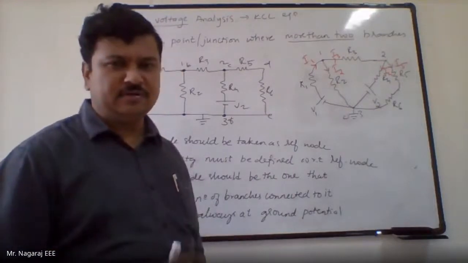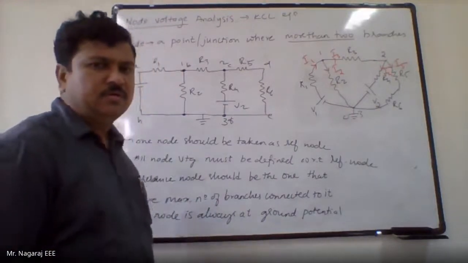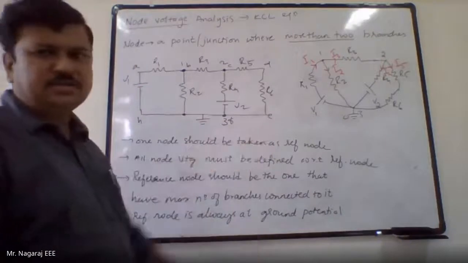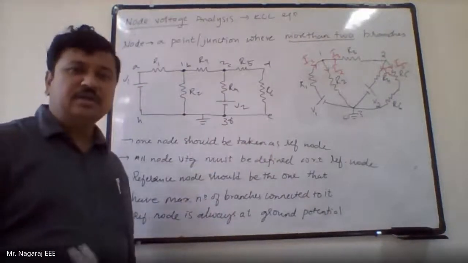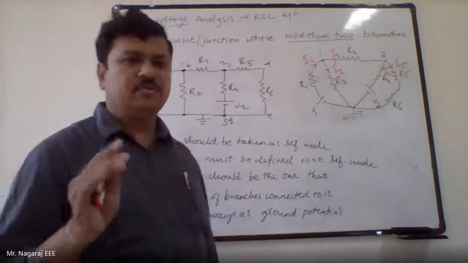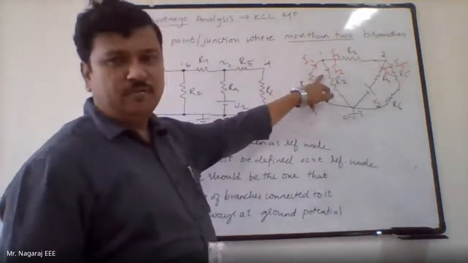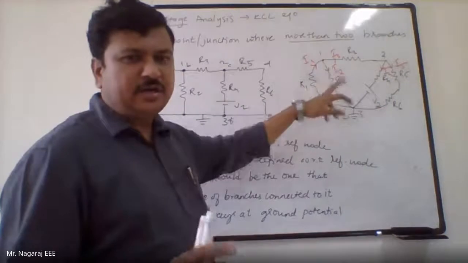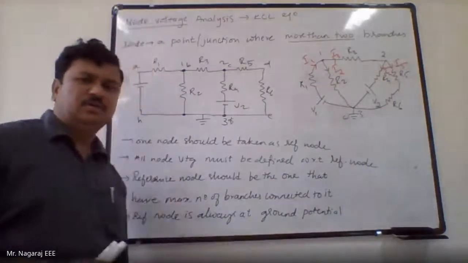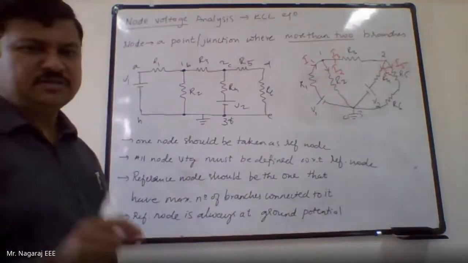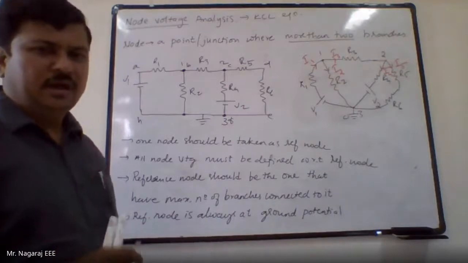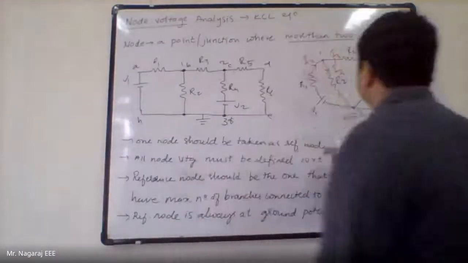Okay, so you assign any direction current in any branch, but each branch should have one current. You make sure that every branch connected to the node is assigned with one unknown current, and you assign any number of currents.